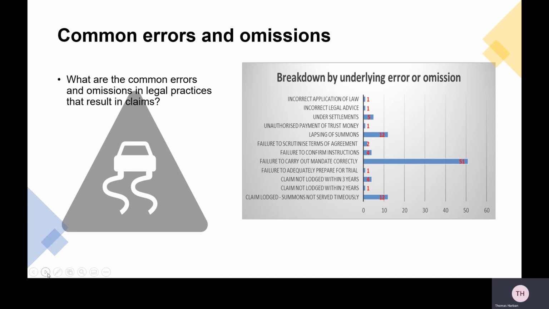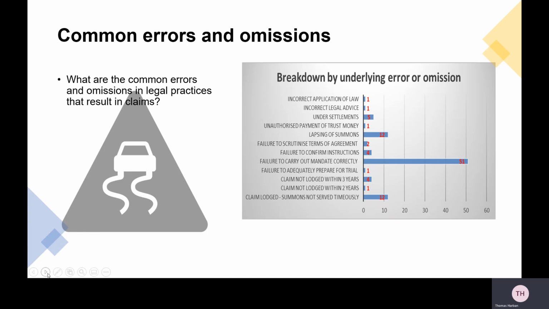In order to find the common errors and omissions that are committed by legal practitioners, we take all the information that is provided to us when claims are notified, and as we're dealing with a claim over its life cycle. We analyze all that information and the data and try and pinpoint what went wrong in the practice that led to the claim against the firm.